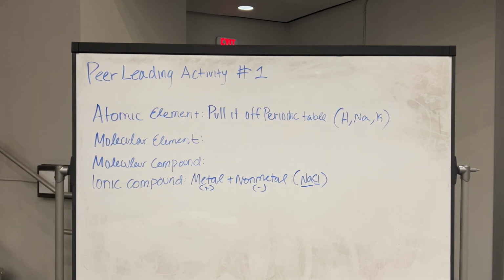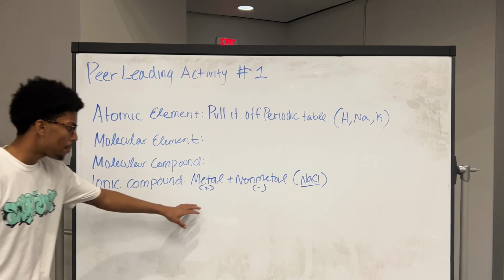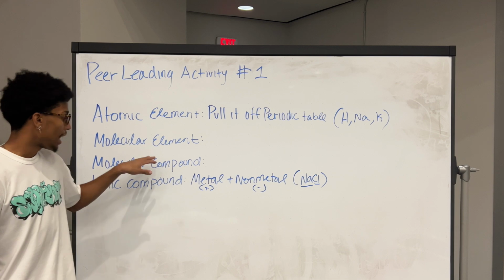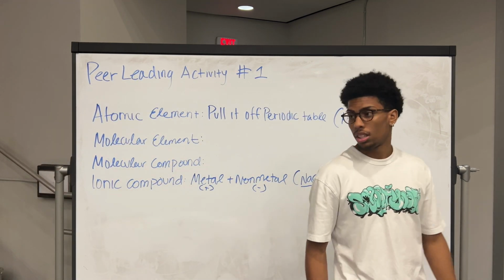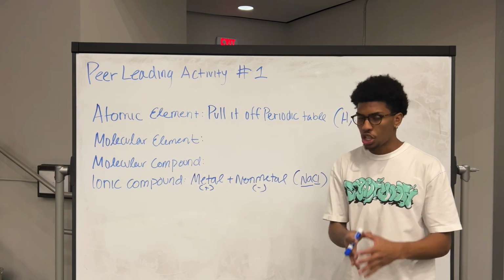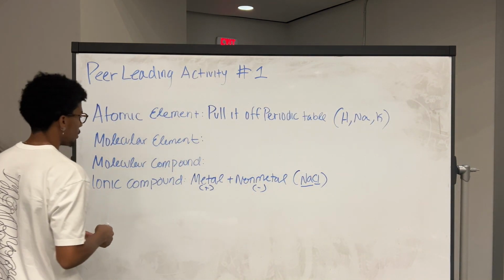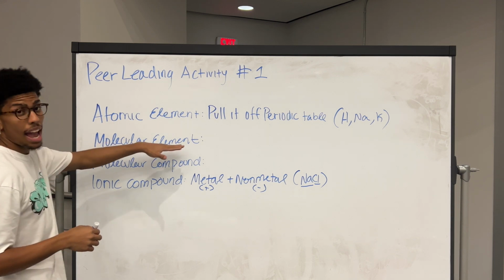So molecular then is kind of the opposite of ionic. Instead of having a metal and a non-metal, a molecular compound or element is going to be a non-metal, okay? If it's a compound, it's going to be non-metal, non-metal. If it's an element, it's just non-metal. And so this is a molecular compound. And so a non-metal, and it's an element.